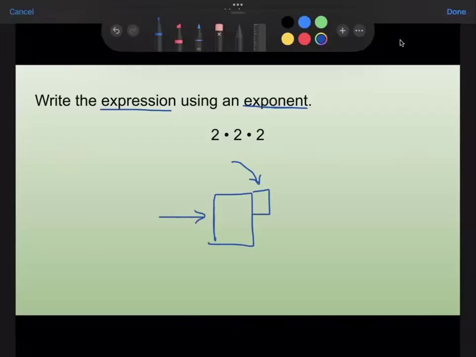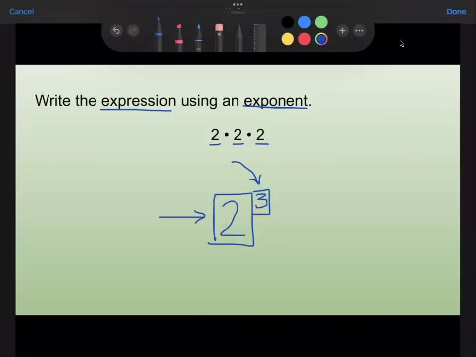So you can see in this expression that we're dealing with, we are multiplying 1, 2, 3 times, or 3 numbers. So I'm going to put a 3 in that little upper right-hand corner. The number we're being asked to multiply multiple times or 3 times is the base. So that would be 2 because each of those in the multiplication expression are 2.